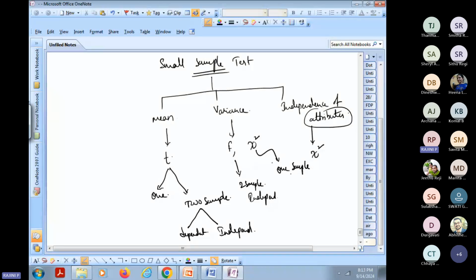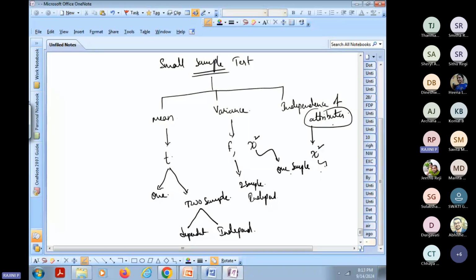And next, if you are having the qualitative variables and you want to test whether they are having any relation between them or not, then we go for chi-square test for independence of attributes.